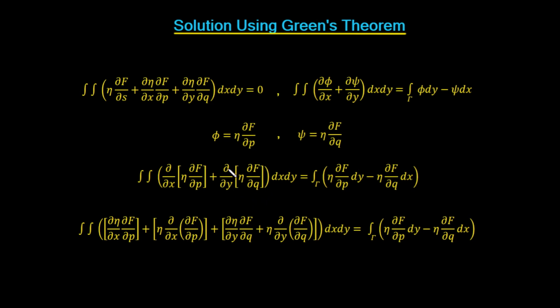We differentiate our partial eta by partial y, multiply it by partial f by partial q, we get this term, and then we differentiate partial by partial y over partial f by partial q, and we multiply it by the value of eta. So we've got these four terms here. So let's take this equation here and we can simplify it down quite a lot in the next page.